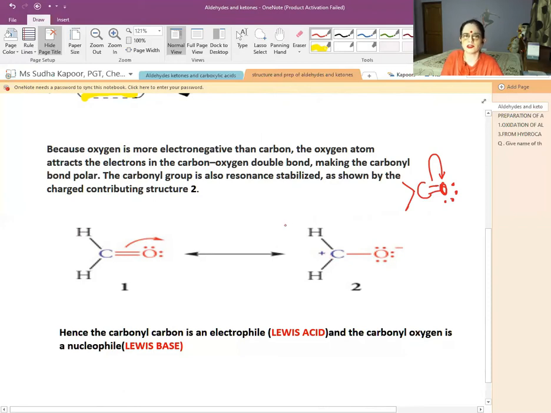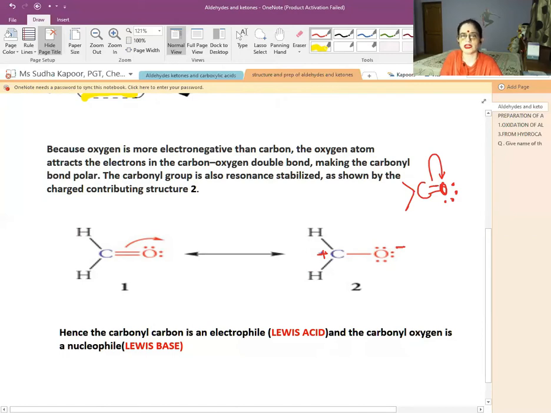The carbonyl group is resonance stabilized, but side by side there is formation of a positive charge on carbon and a negative charge on oxygen. This formation of charge results in the development of polar character in the carbonyl compounds.